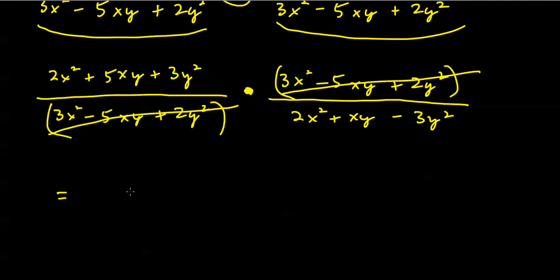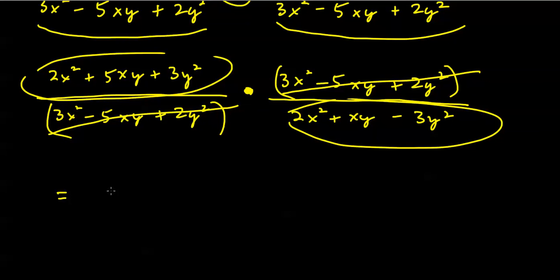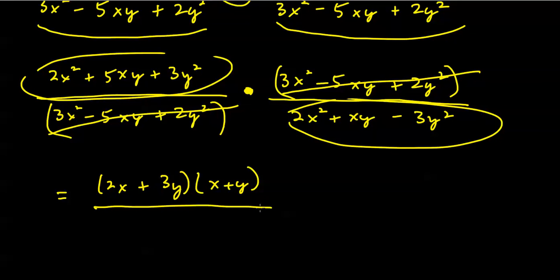Alright, now I'm going to go ahead and factor this expression and this expression and see if I can find any common factors. I'll have 2x plus 3y times x plus y as a factored form of my first numerator, divided by, let's see, 2x and x in the first slots.